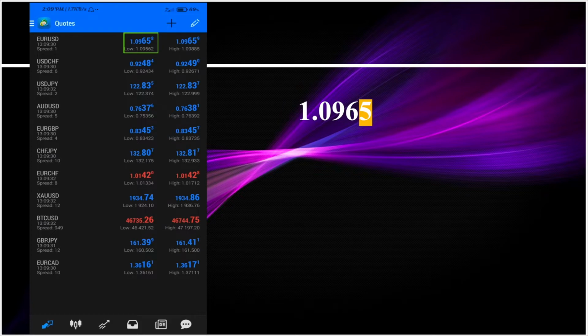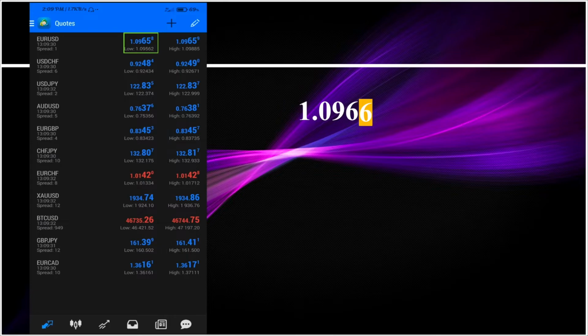Let's assume that Euro USD makes a move of 1 pip. That means we are adding 1 to this 5. So if Euro USD makes a move of 1 pip, your new value will be 1.0966, because Euro USD made a single pip movement.